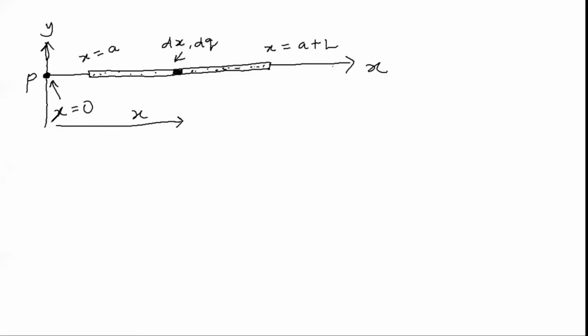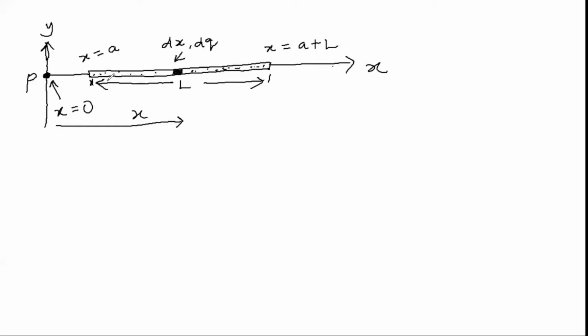The smallest value that it can assume is when you take this element right at this end of the road, where x is equal to a. So we say that the lower limit of x is x equals a, and the furthest point where you can take this element is right at this other end where x is equal to a plus L. Remember, the length of this road is L. So the distance from here up to here is nothing but L.